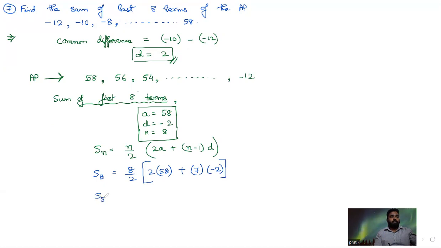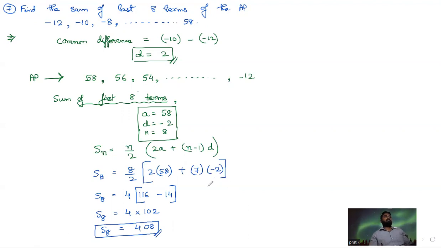So S of 8 terms is 4 into 116 minus 14, which is 4 into 102. 4 2s are 8, 0, 4 1s are 4, so 408.